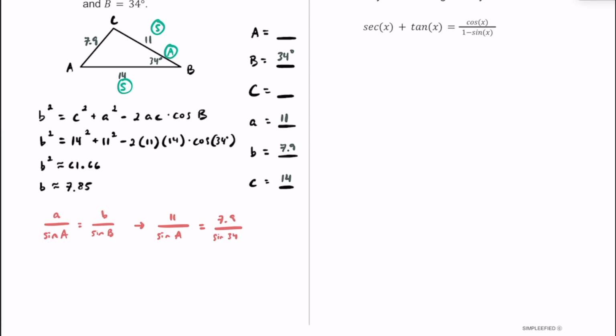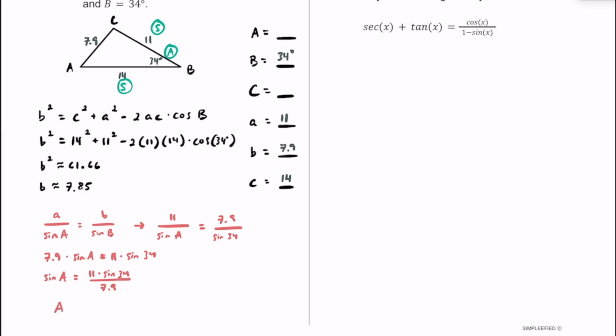Okay, so we can use some cross products here, and we can say that the product here is equal to the product over here. So 7.9 multiplied by sine of A is equal to 11 multiplied by sine of 34 degrees. Dividing both sides by 7.9, sine of angle A is 11 multiplied by sine of 34, all over 7.9.